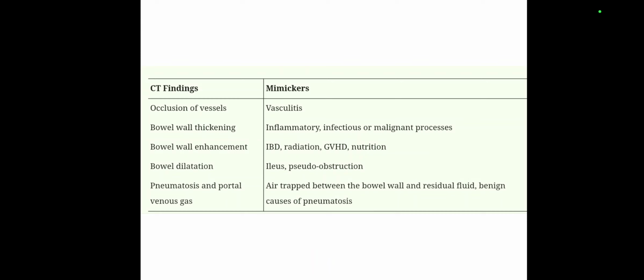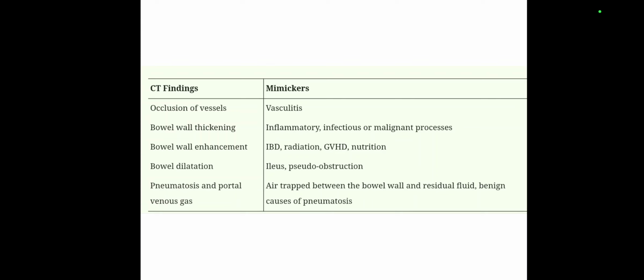All the acute abdomen causes come into our mind, and even the CT findings what we are getting can also have mimickers. Like when we are getting occlusion of the vessels, whether it is embolic, thrombotic or venous, that can happen in vasculitis. Bowel wall thickening can happen otherwise in inflammatory, infectious or malignant process. Bowel wall enhancement, it can be in IBD, radiation, graft versus host disease.